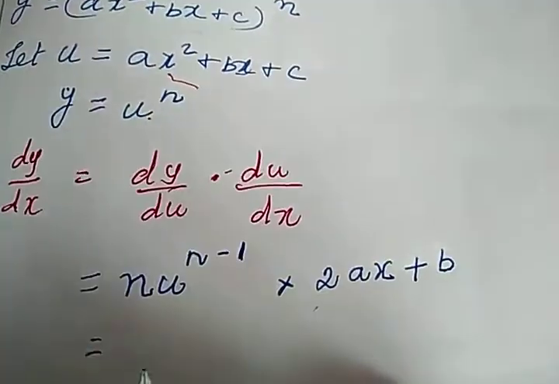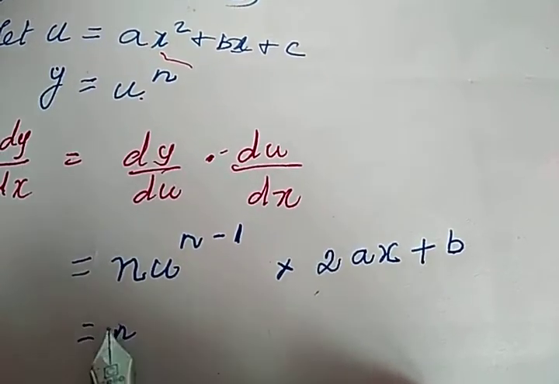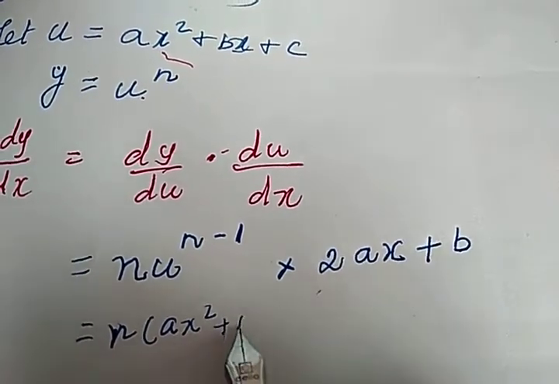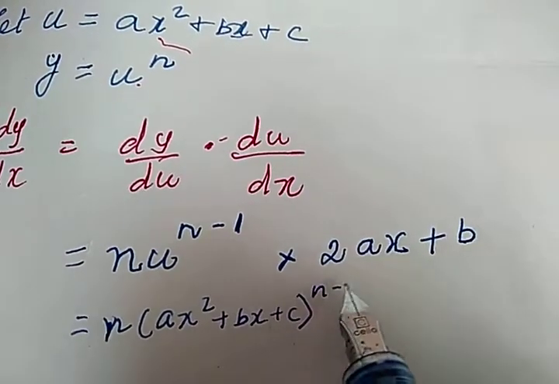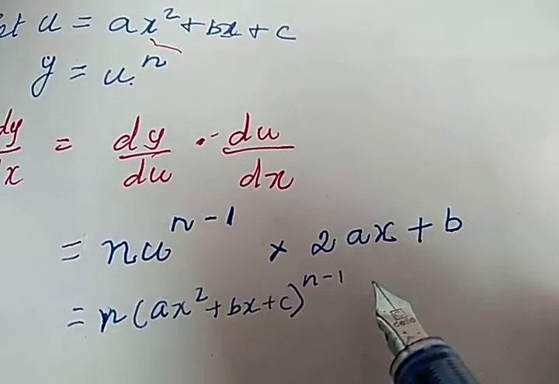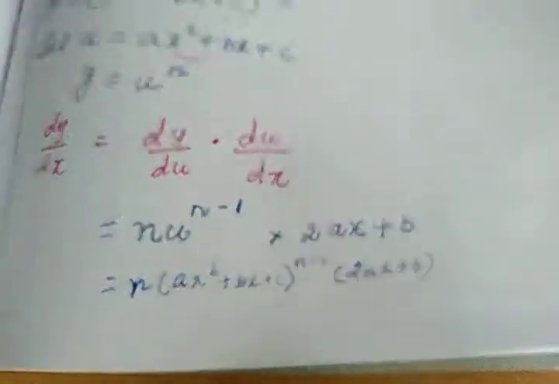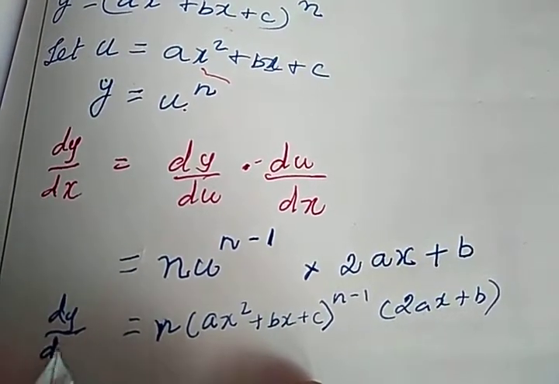Instead of u, you will substitute ax squared plus bx plus c. n into (ax squared plus bx plus c) whole to the power n minus 1, into 2ax plus b is your final answer. This is your dy by dx.